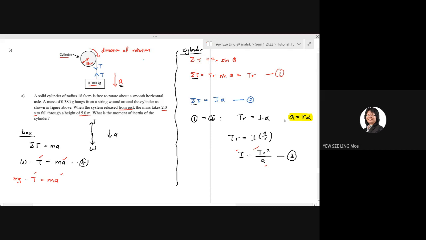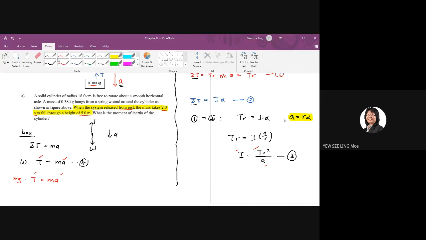So let us go back to this statement. There's a reason why the question gives you this statement. When the system is released from rest, the mass takes 2 seconds to fall through a height of 5 meters.